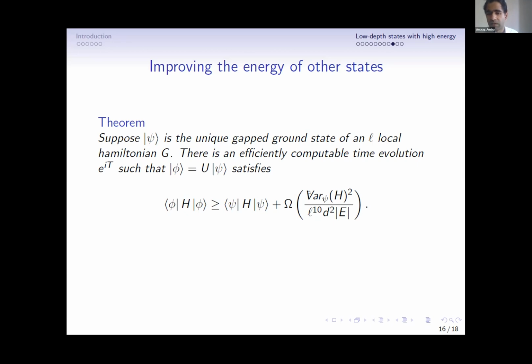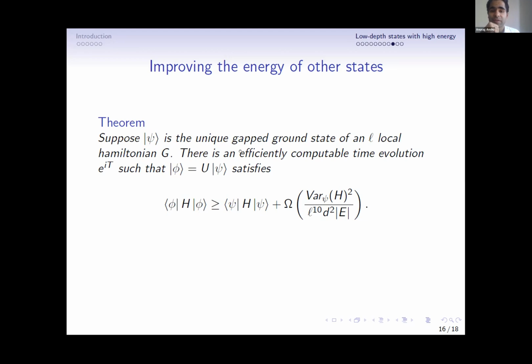In a very similar manner, it improves as the variance of the state psi with the Hamiltonian H over the number of edges, and this term L square, where L is the locality of the Hamiltonian H. And this totally makes sense because every state is a ground state of some Hamiltonian, but the Hamiltonian will be highly non-local, like n local. In that case, you don't expect any improvement.